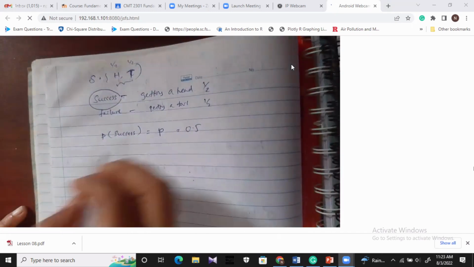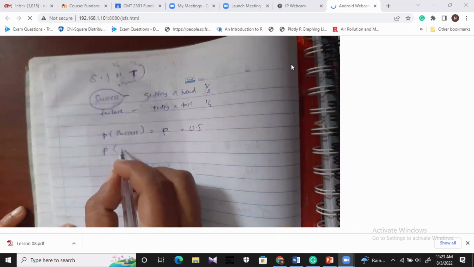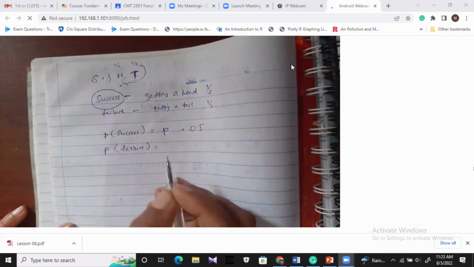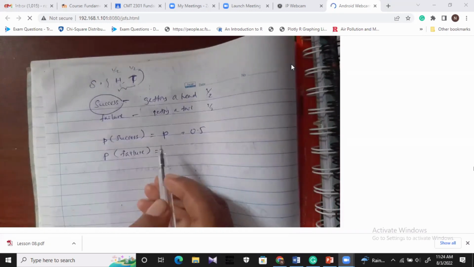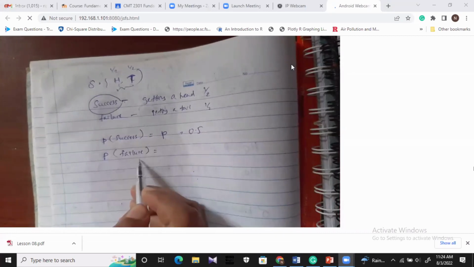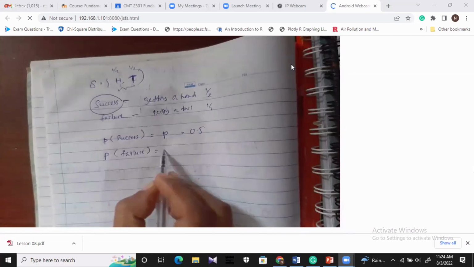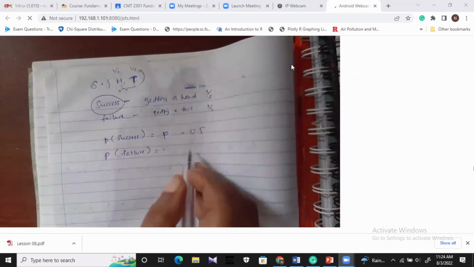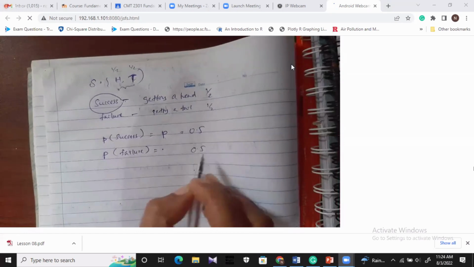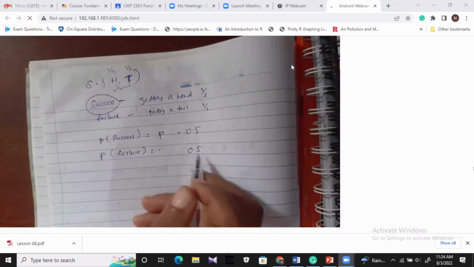Then tell me, what is the probability of a failure? If the probability of a success is p, then what is the probability of a failure? For this experiment, if it was a coin, the probability of a failure is 0.5, because the probability of getting a tail is half.